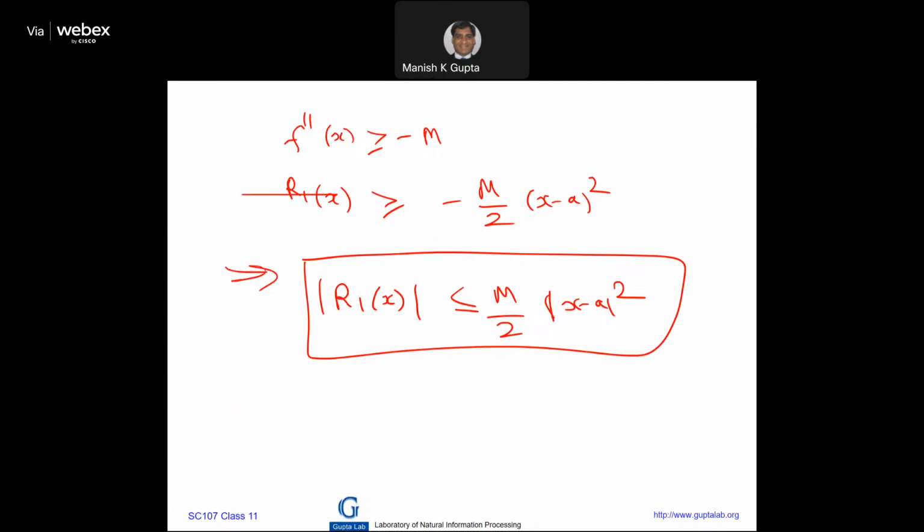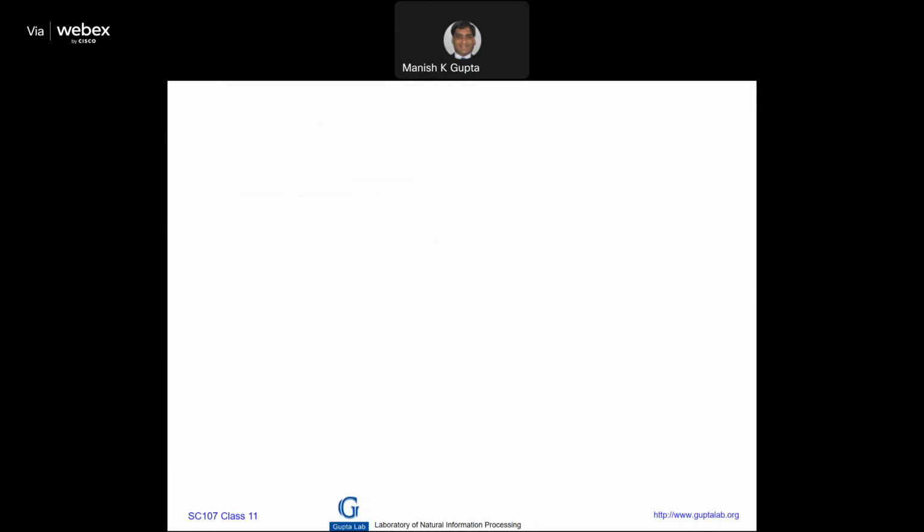So this is the Taylor's polynomial. Similarly for x less than a. I'm not proving it. Now I'll give you one example here. Again, our favorite example: e raised to x equals the sum of x raised to n divided by factorial n.